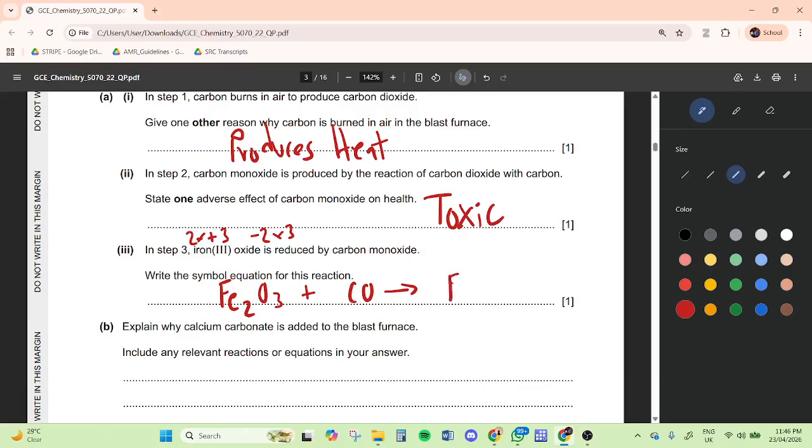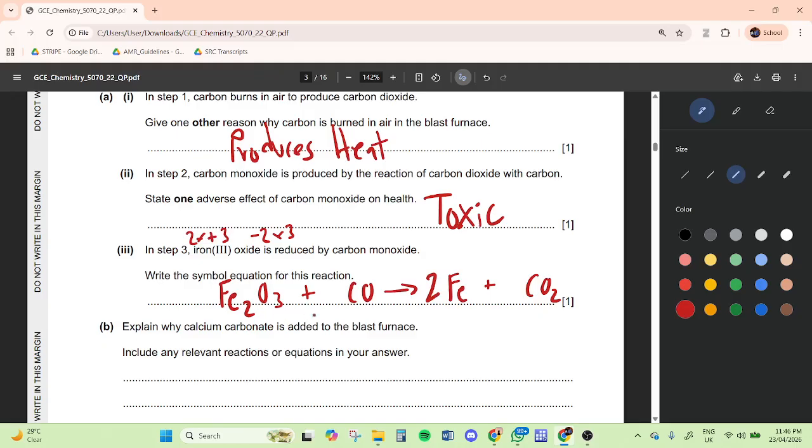gives us Fe and CO2. So let's go about balancing it. We've got 4 oxygen here and only 2 oxygen here. Maybe before that, let's take a look at iron. We've got 2 iron here, so we put 2 over here.